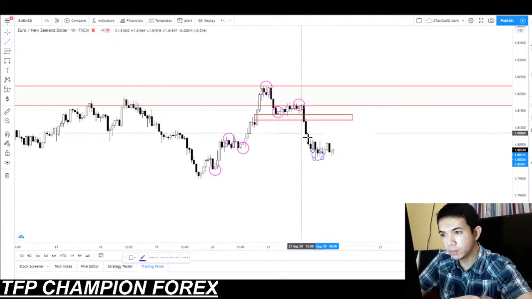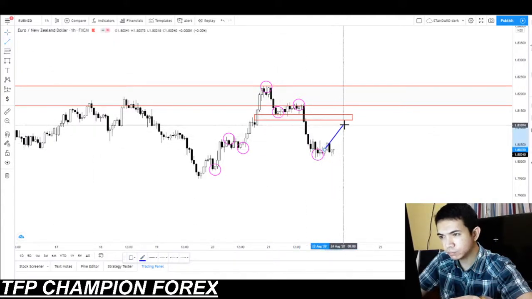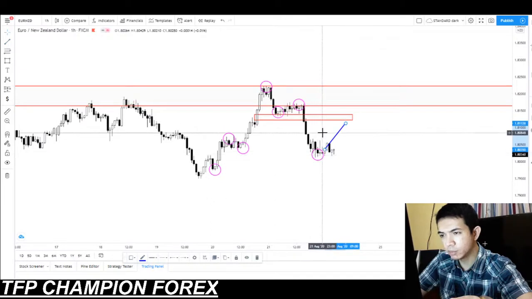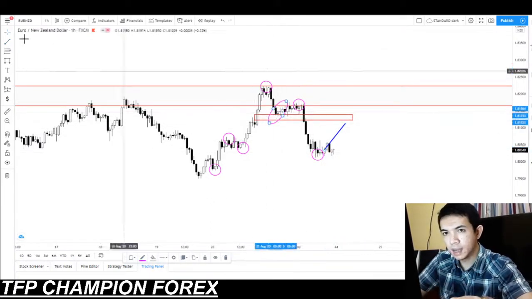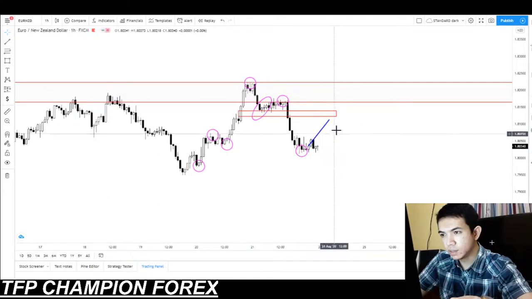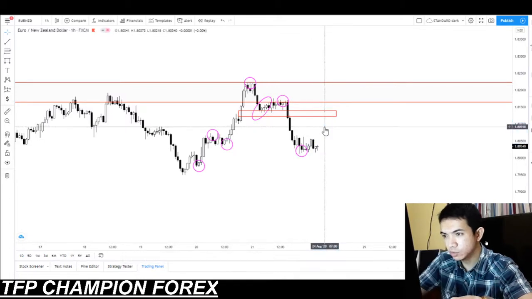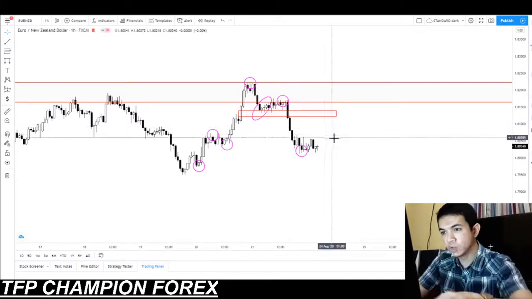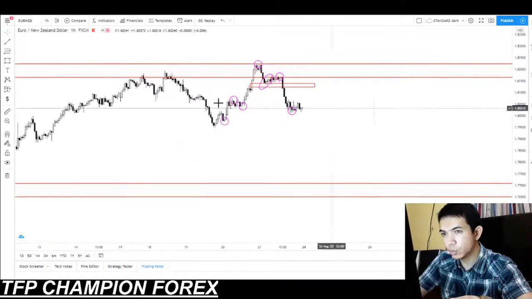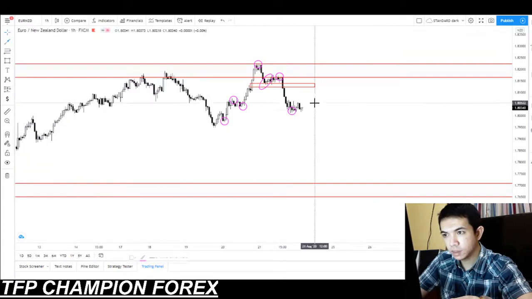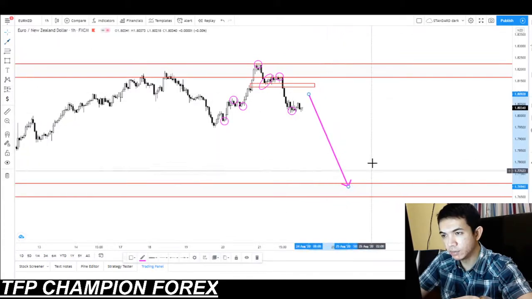So we expect the market to move up at this level to form a lower high. So that will be our entry if ever we want to place a trade on this pair for a short going at this level.